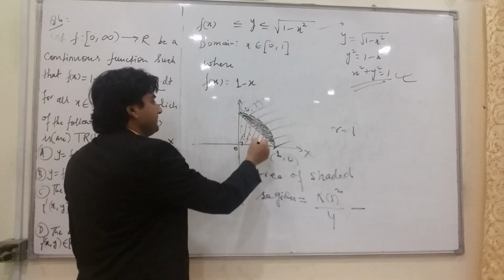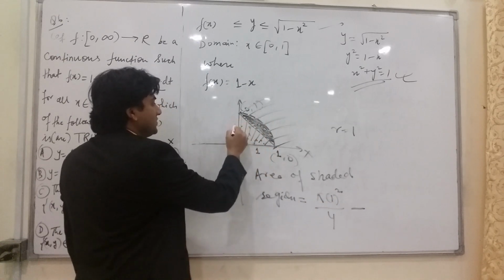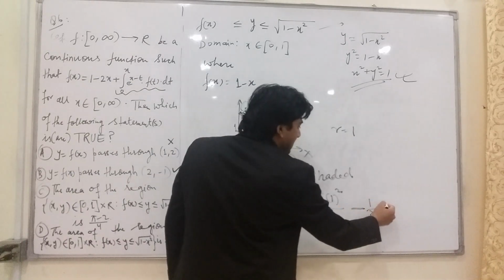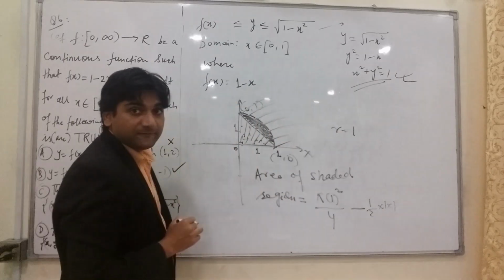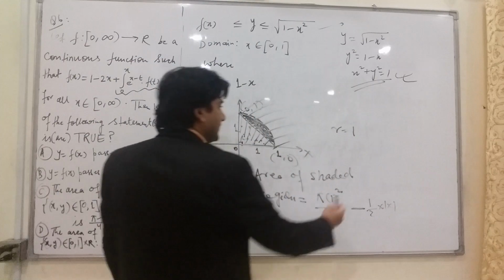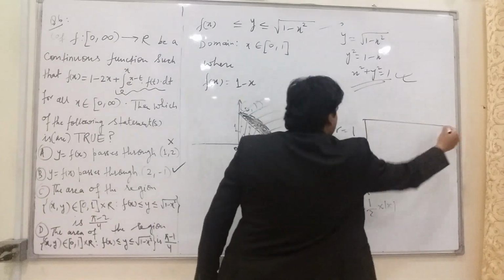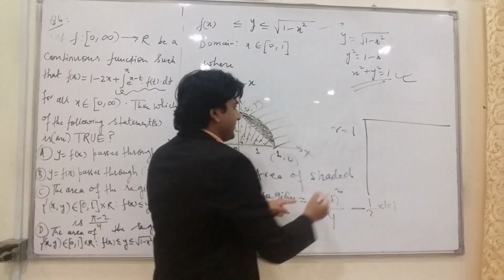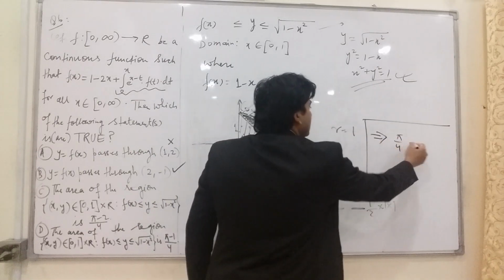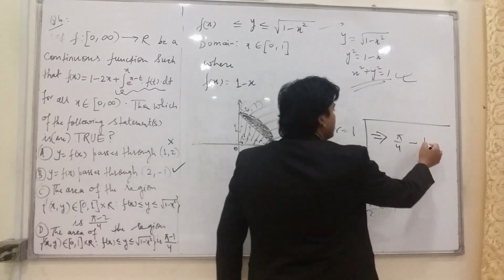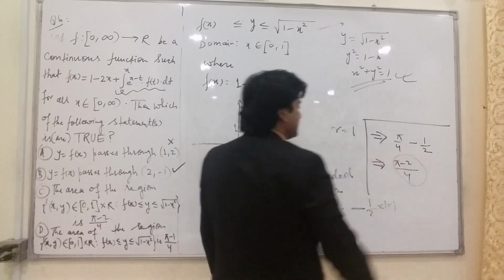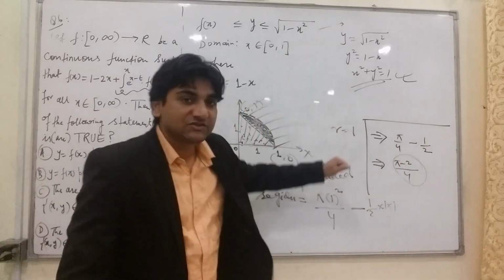This is 1, this is also 1. So base is 1, height is also 1. Area of the right angle triangle is half times base times height. So the area of the shaded region is pi by 4 minus 1 by 2. Now if you solve, this is (pi minus 2) by 4.